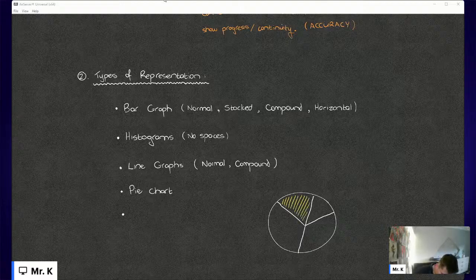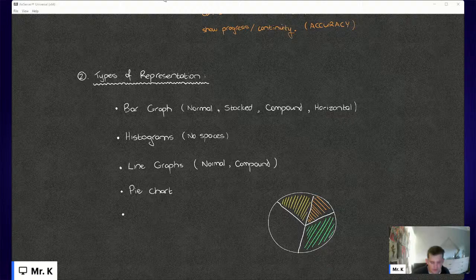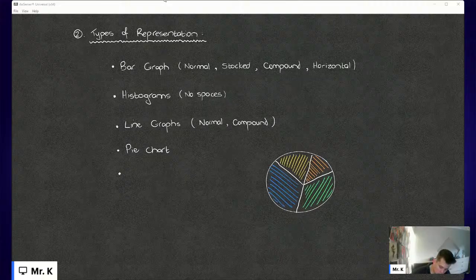If you cannot do that, guys, I would suggest you go and practice drawing your pie charts, because it's very possible that you could be asked to draw one in a test or an exam setting. Please make sure that you know how to complete all of the calculations.